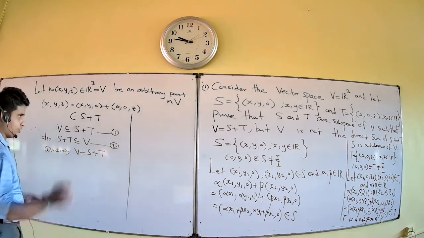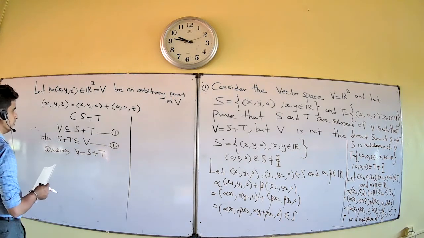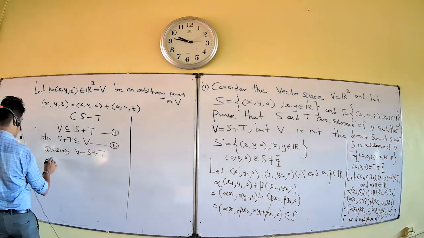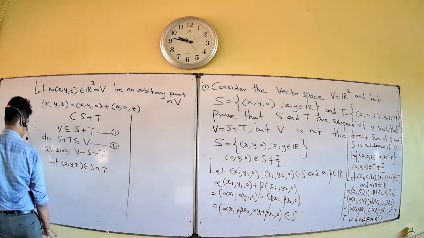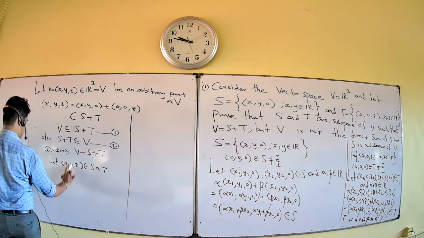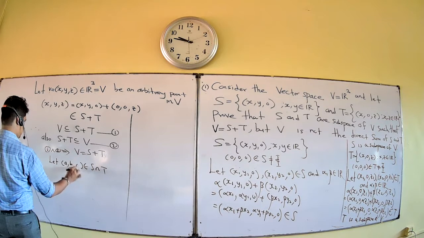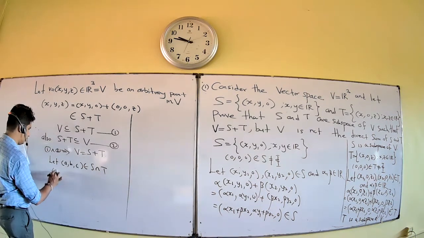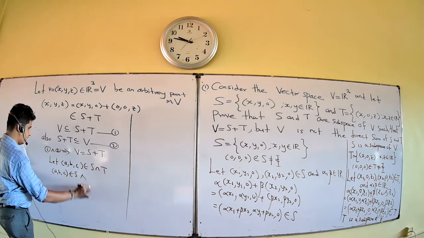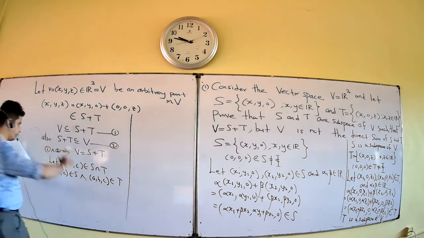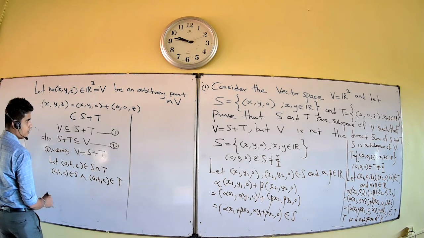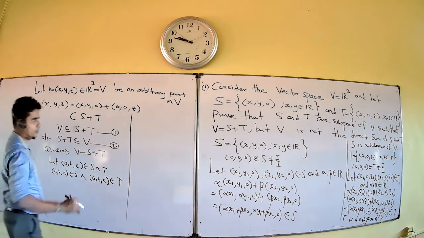Suppose you take the point (a, b, c). Then (a, b, c) belongs to S, and (a, b, c) belongs to T. (a, b, c) belonging to S means it is of the form of this one.